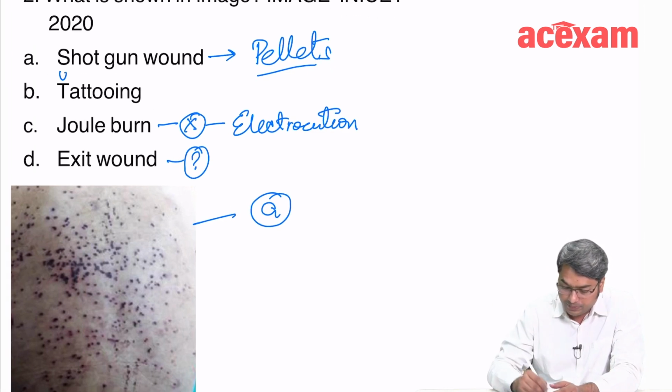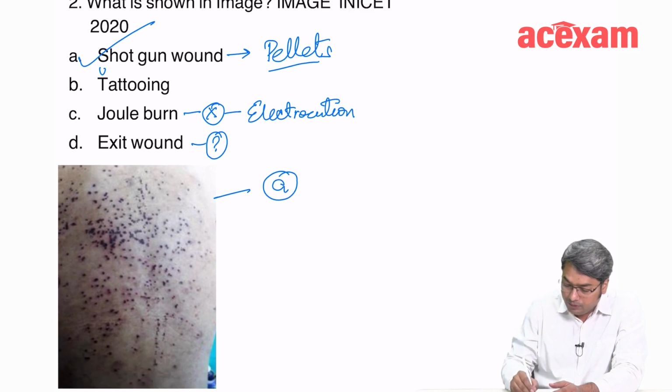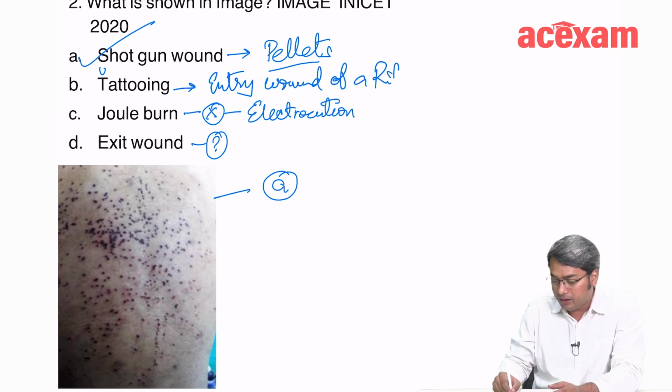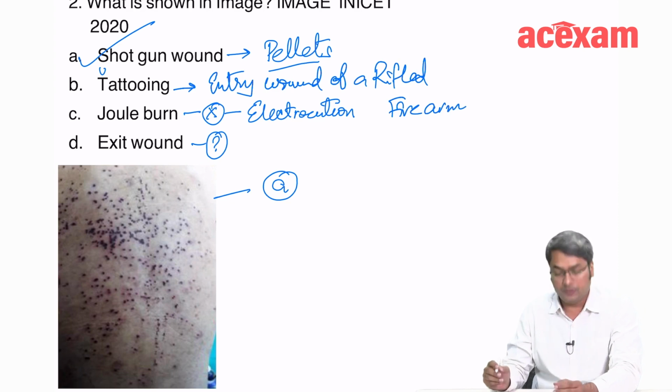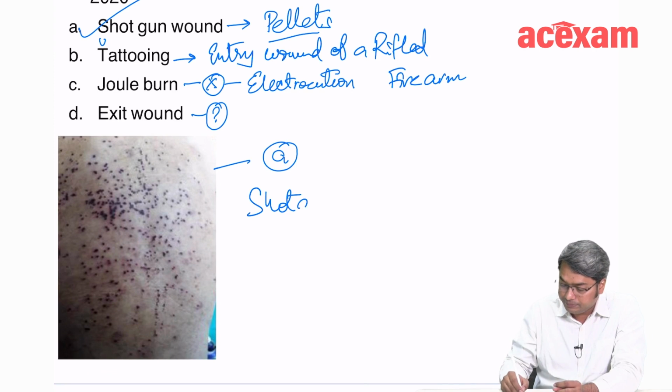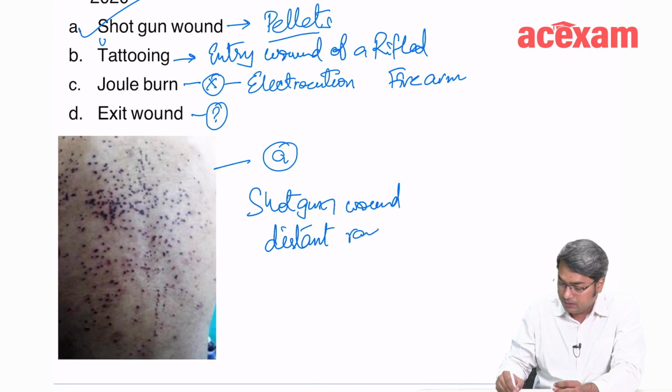This is the answer, right? Tattooing is something which we can see in case of entry wound of a rifled firearm. We do not see tattooing in a shotgun wound. So this is nothing but shotgun wound from a distant range, that is more than 4 meters.